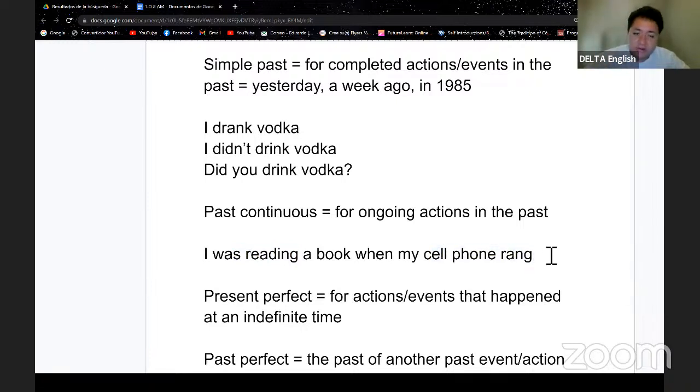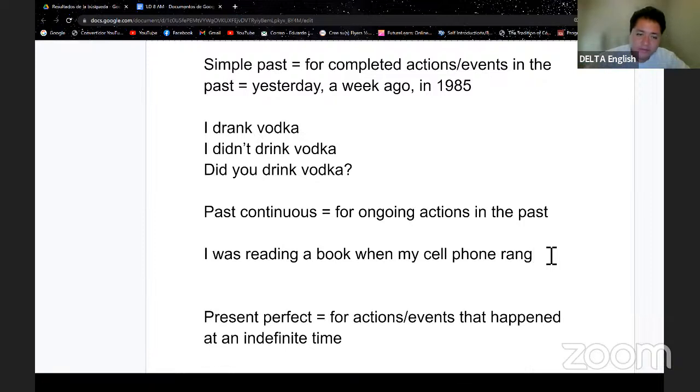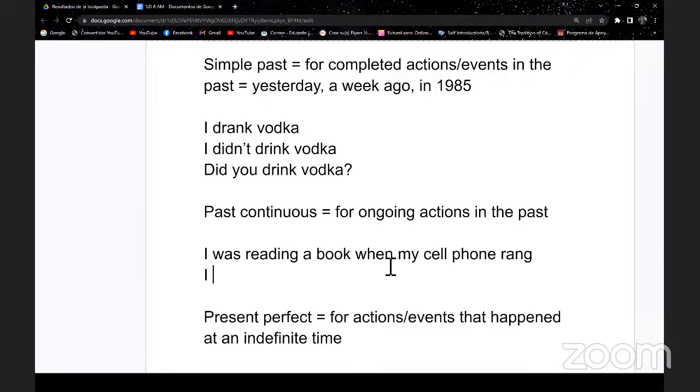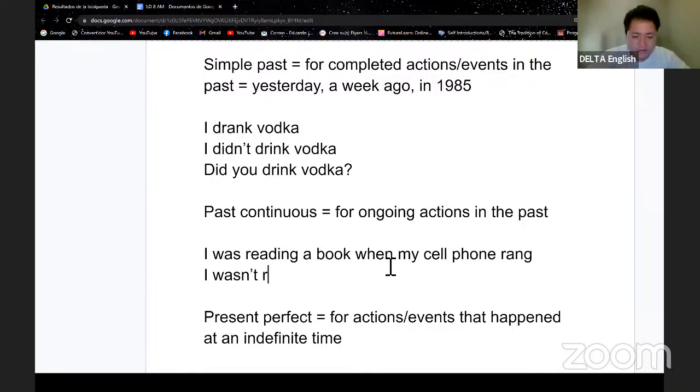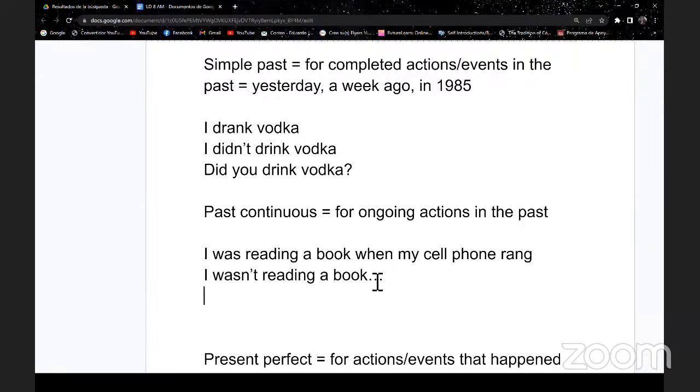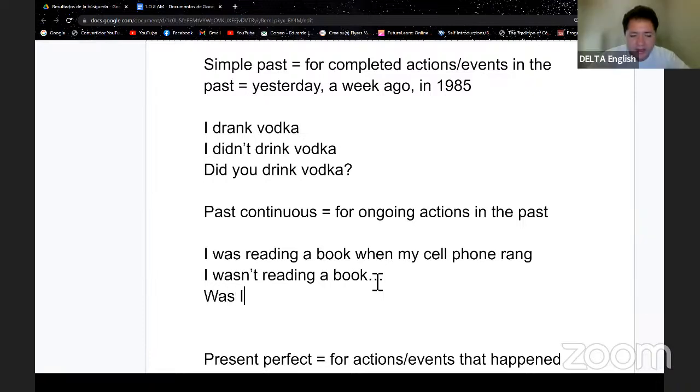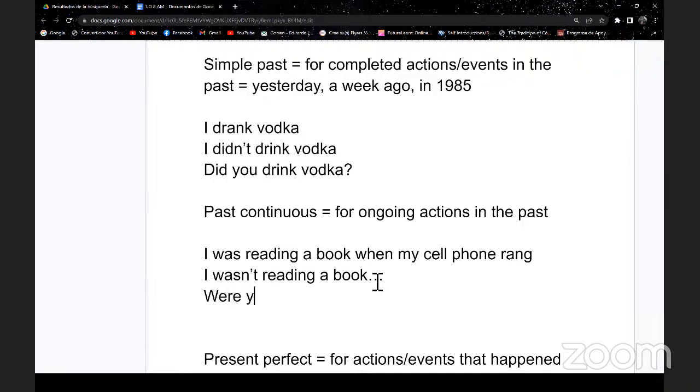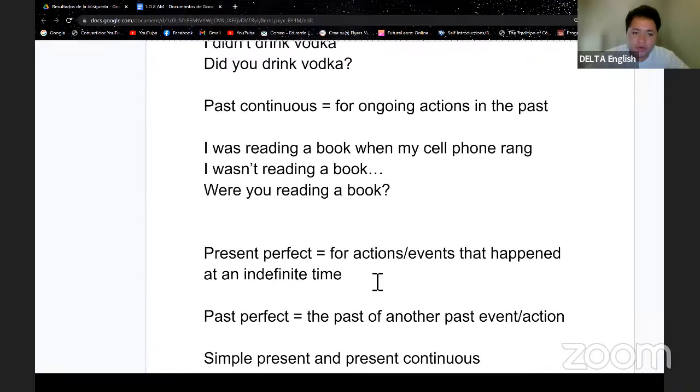Okay, so please now in negative, the first part. I wasn't reading a book when my cell phone rang. Interrogative? Was you reading a book? It will be was I. Were you? Were you reading a book?